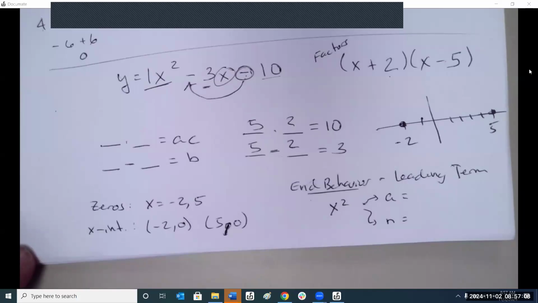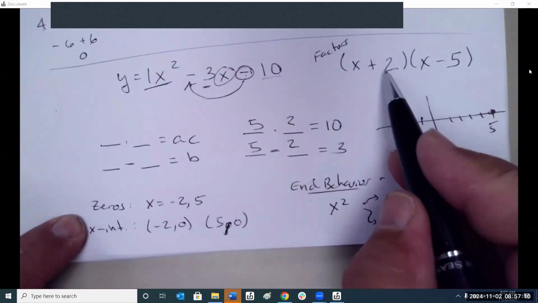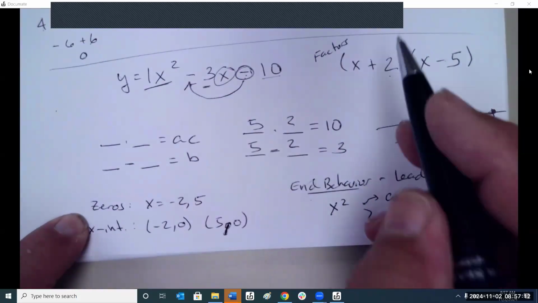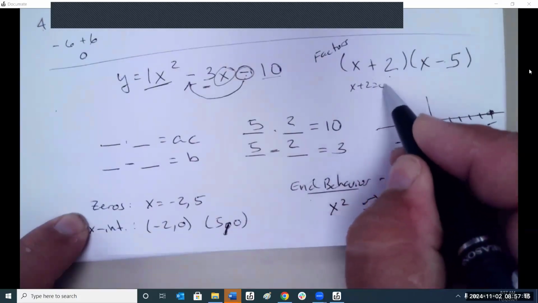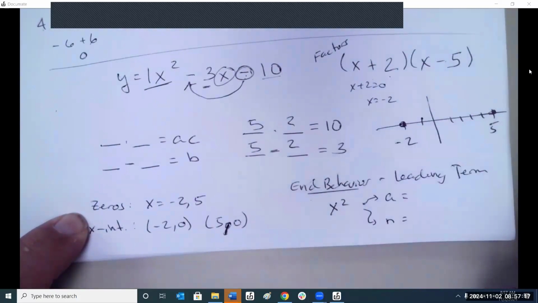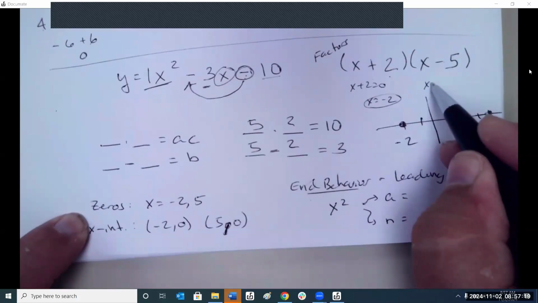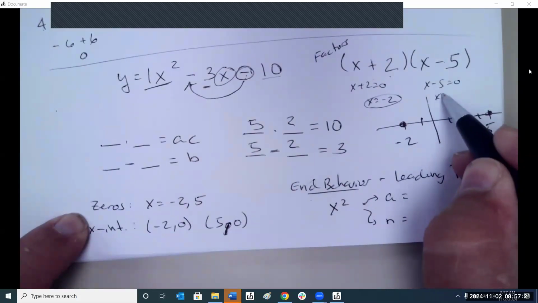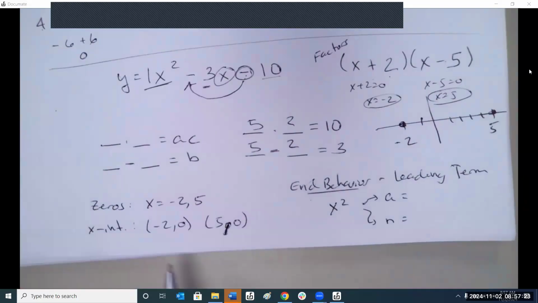The zeros are what you get when you set each of these equal to 0. The x-intercept is the actual physical location, the point.